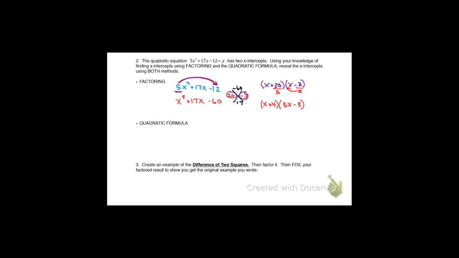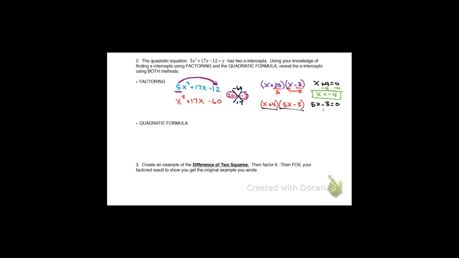Okay, and now to find the x-intercepts, we're going to take each of these factors and set them equal to 0. So we have x plus 4 equals 0, and we have 5x minus 3 equals 0. For the first factor, we're going to subtract 4 on each side, and we get x equals negative 4. That's our first x-intercept.